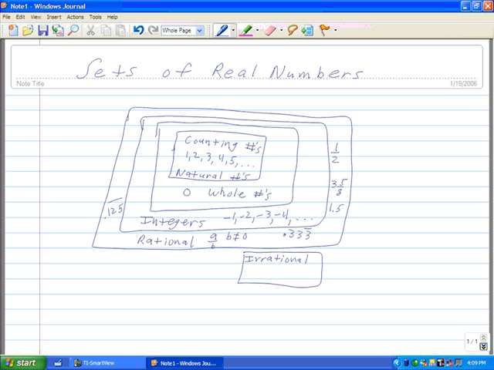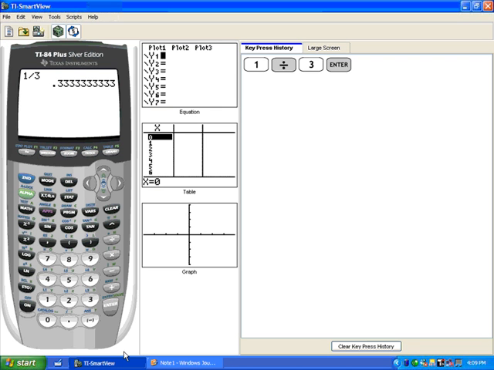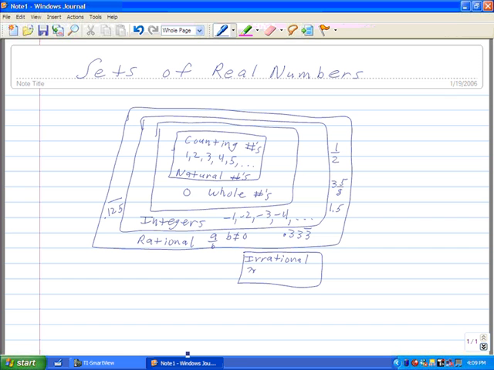And there are several examples that we can come up with. For example, from geometry, you learned about pi. Pi is an irrational number. When you pull pi up on your calculator, you get a decimal that goes on forever and has no pattern to it whatsoever. So pi is a good example of an irrational number.